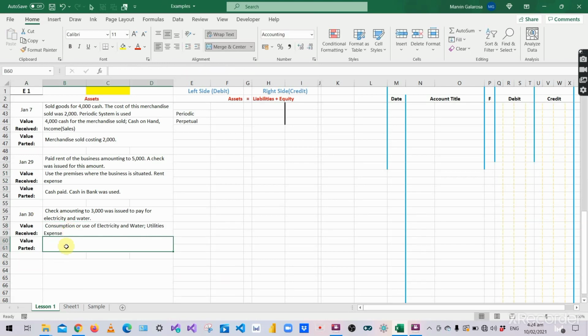Ano naman yung ating value parted? Yun naman yung cash in bank used to pay the utilities. Or simply yung cash paid.